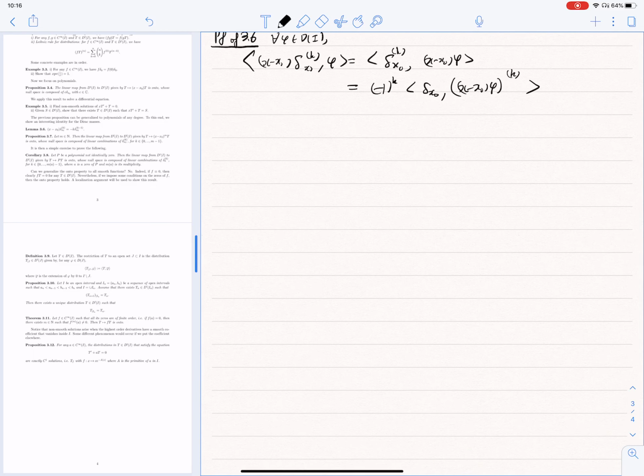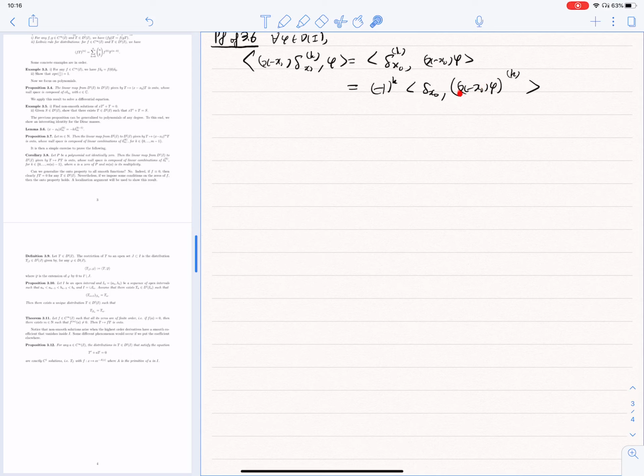Then for handling this term, we're going to make use of Leibniz rule. Leibniz rule says that the k-th derivative of a product of two smooth functions becomes the sum of a combinatorial coefficient times the j-th derivative of this function times the k minus j-th derivative of this function. We realize that many of the terms will vanish because if we take a derivative more than 2 times on the linear function, we're going to have 0.